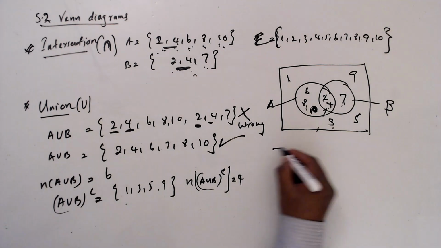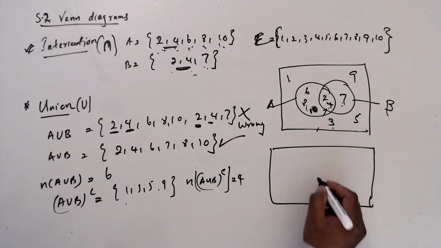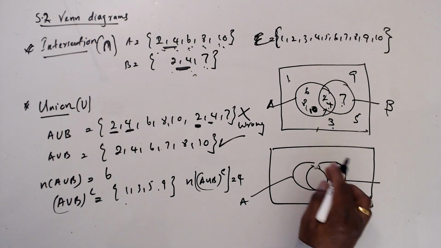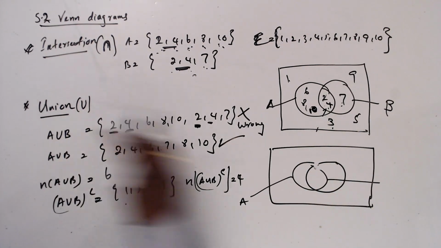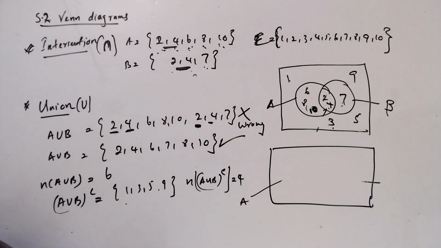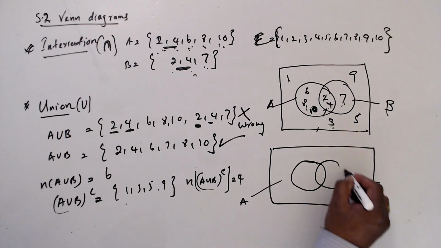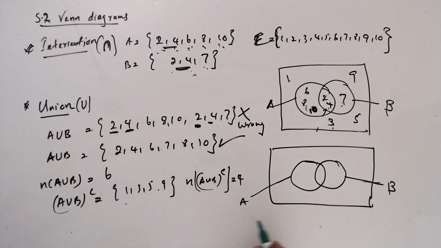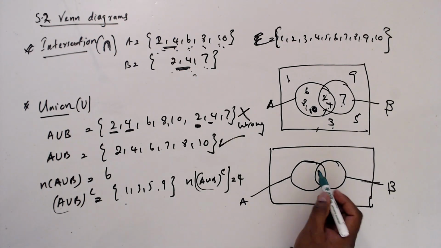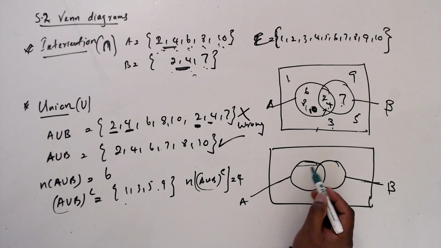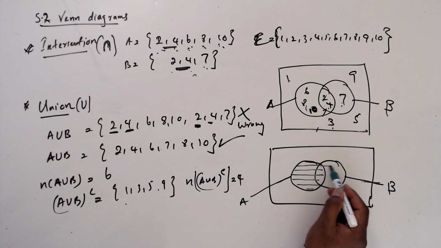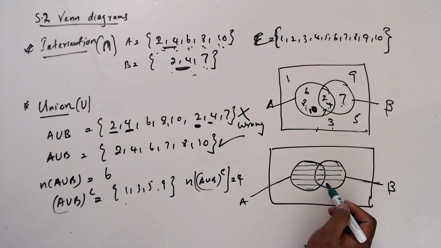How do you draw A union B? Assume this is A, and this is B. So what you have to do is, if you select a pattern, mark A with that pattern and then continue with that pattern to B. We don't take two patterns.